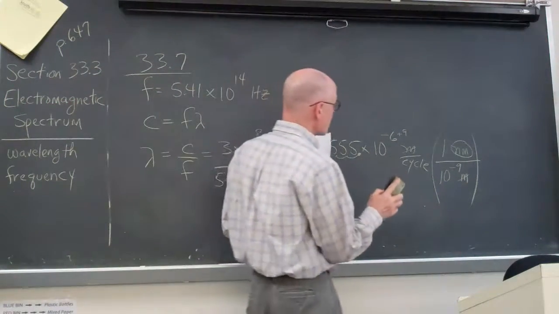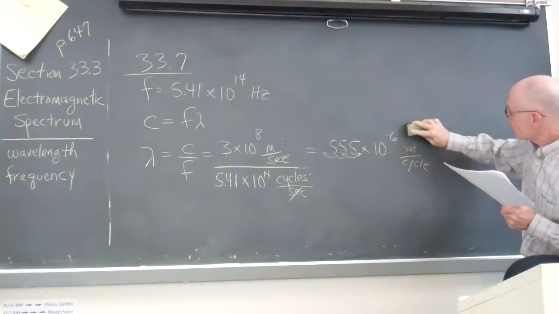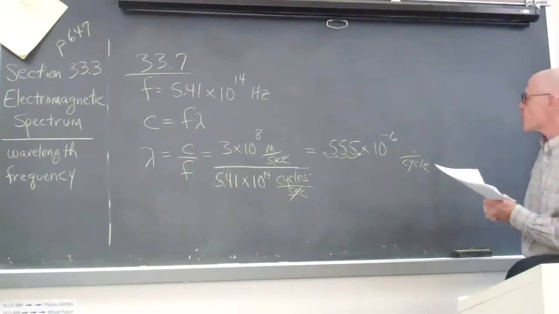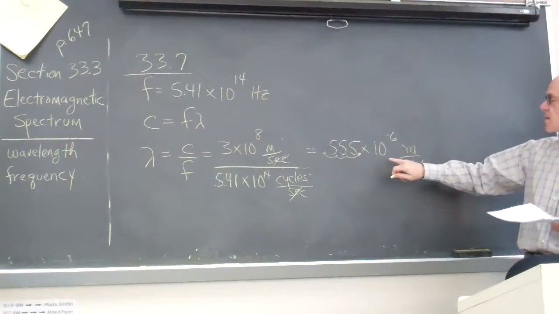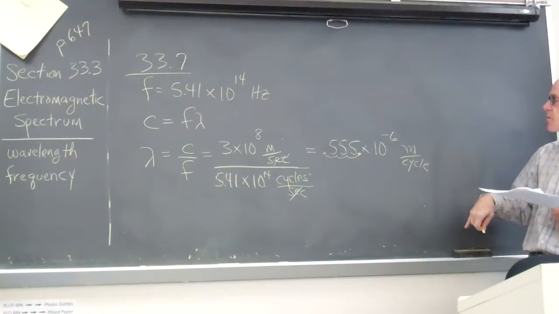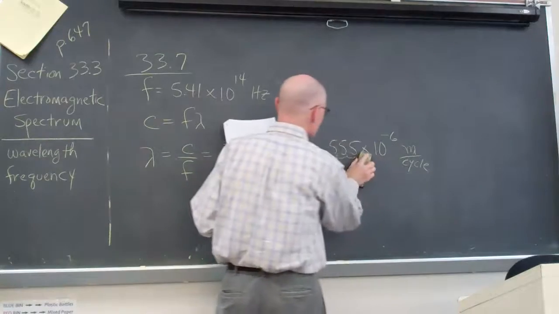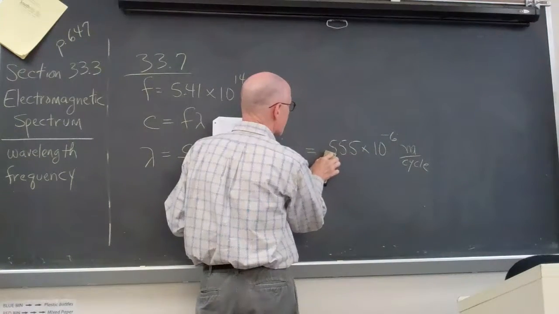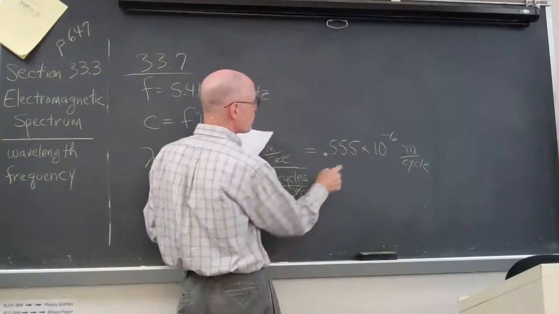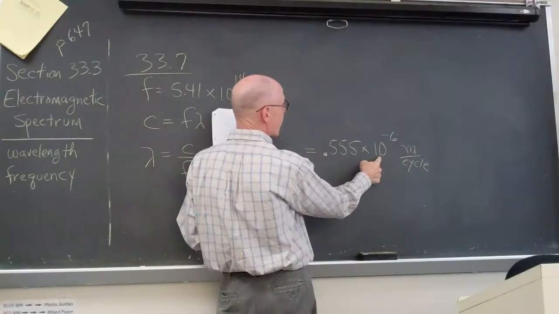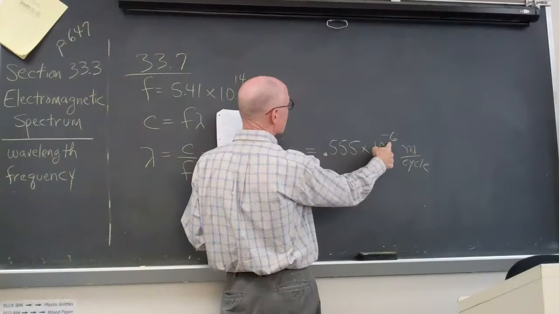Let me show you another way to do that. Another way to do the conversion is you could recognize that 10 to the minus 9 is the meaning of nano. So what you could do is force this power of 10 to be 10 to the minus 9.